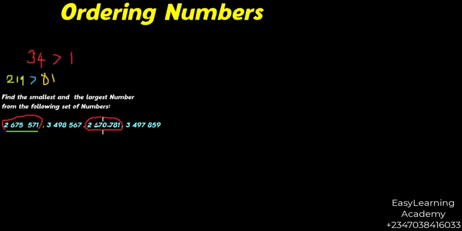Then we have 5, and there is no 5 here. Rather, we have the smaller digit, 0. So it means that this other one, 2,670,781, is the smallest.